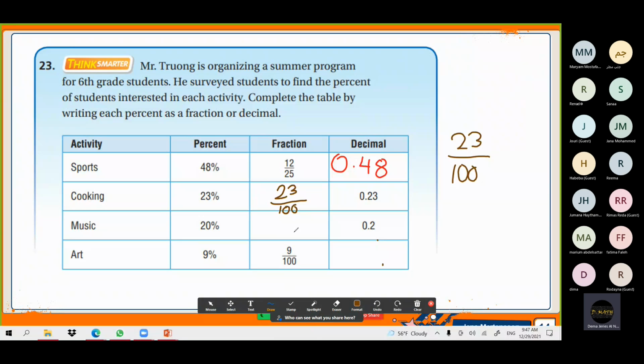How do you write it as a fraction? First thing, 20 over what? 100. Then let's divide by what?